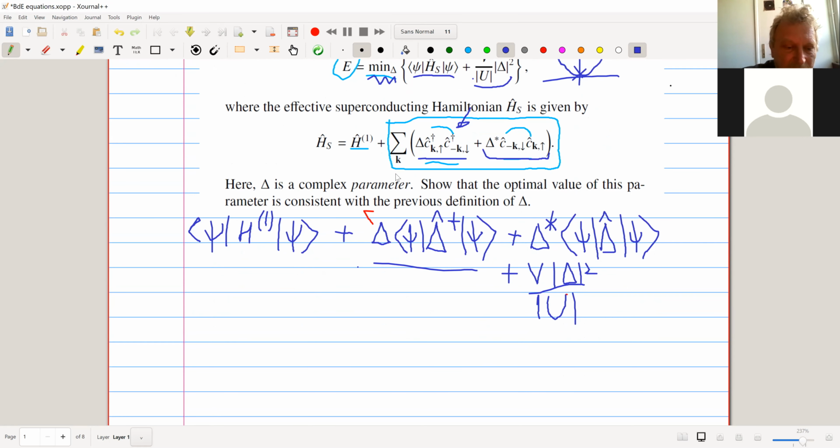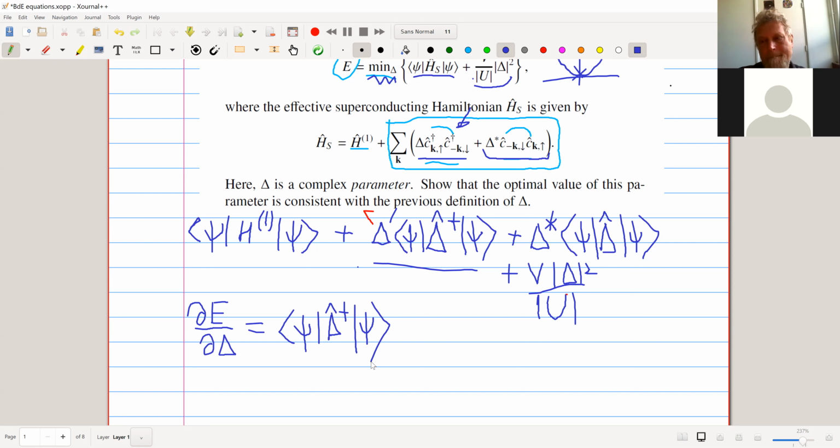Well, I would like to find a minimum of this energy, so I differentiate what I have with respect to delta. This term gives me, all right, this is clear. So just differentiate.